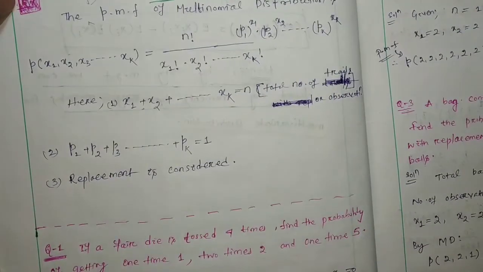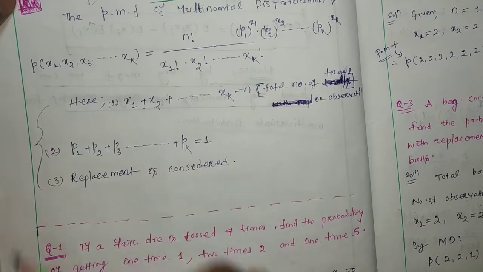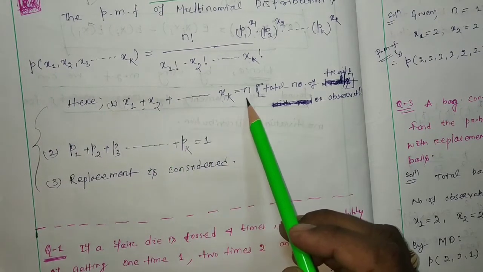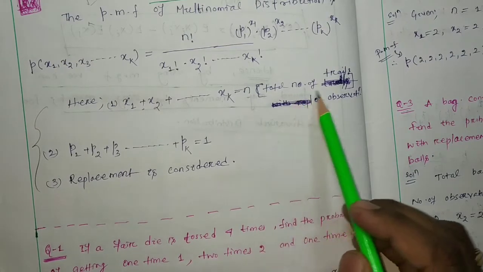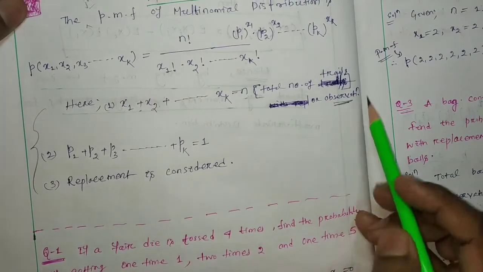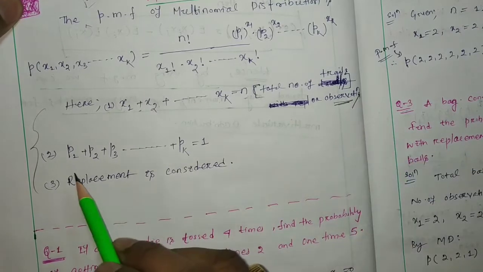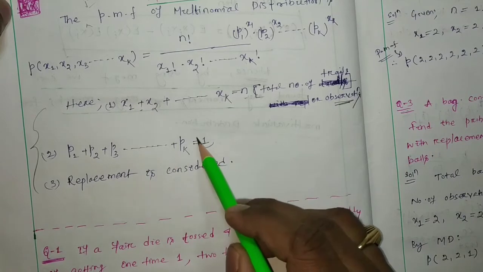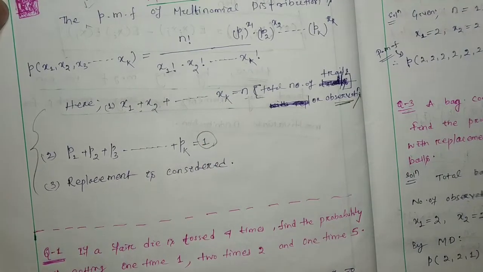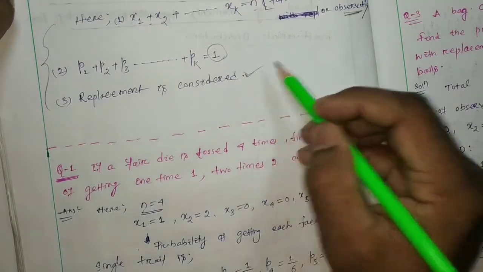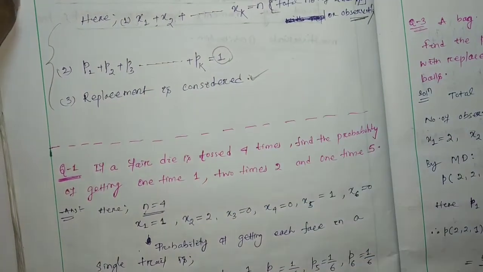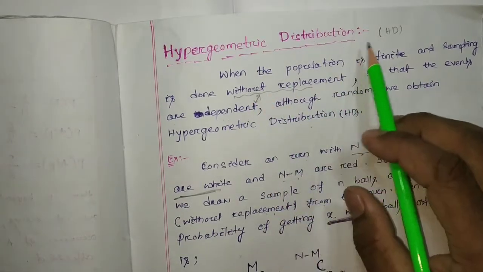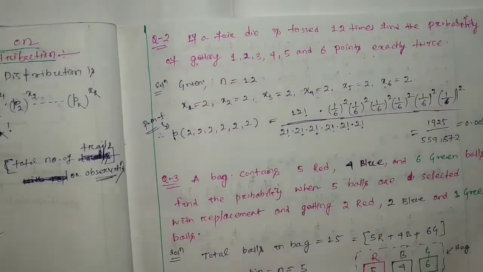Here 3 points we have to remember: x1 plus x2 up to xk equal to n, which represents the total number of trials or observations; all the probabilities, if we add, have to give one; and the replacement has to be considered. If replacement is not considered, then that will be called hypergeometric distribution, but here replacement has to be considered.